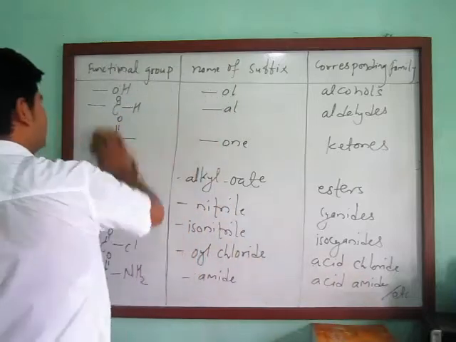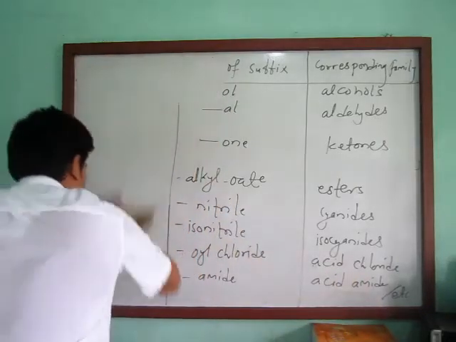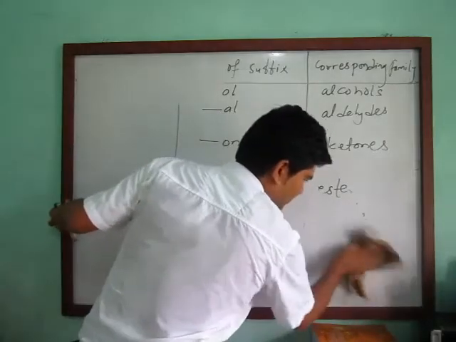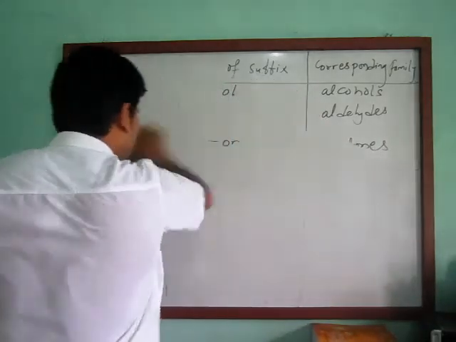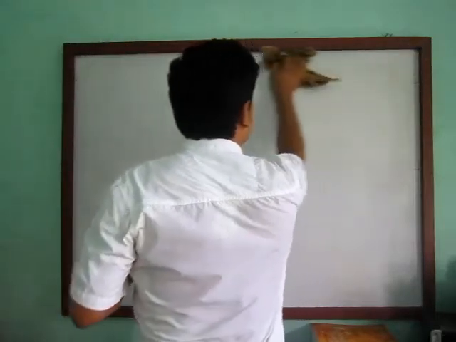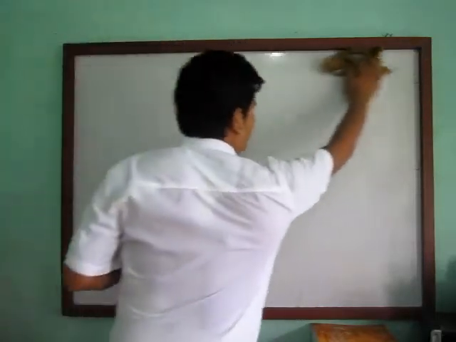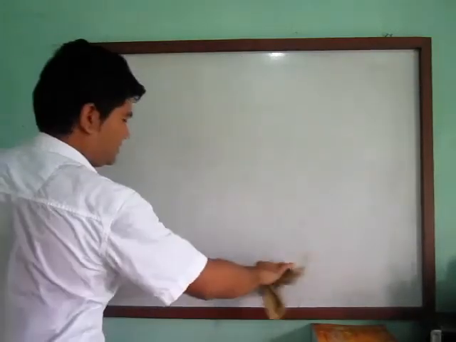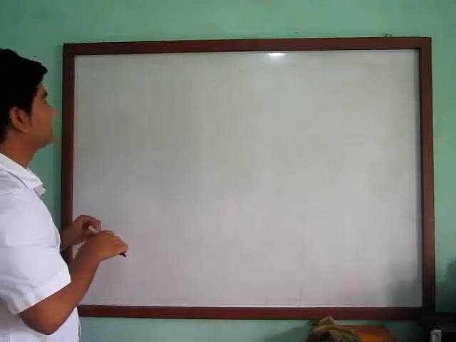So we will discuss this whole thing while giving names to the given organic compounds. Okay, so we will discuss later also. This is only the description for the suffix. Now everybody, look here.